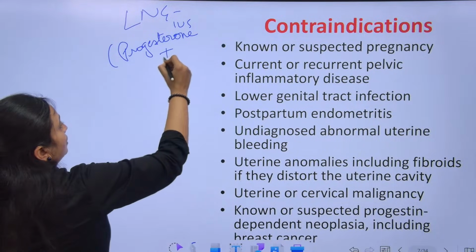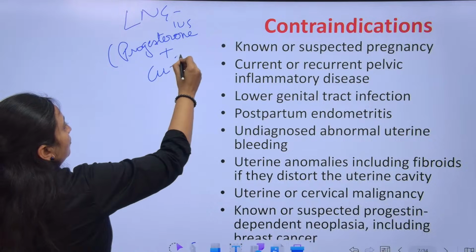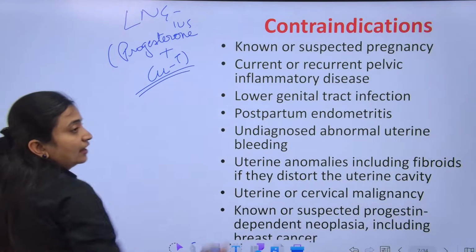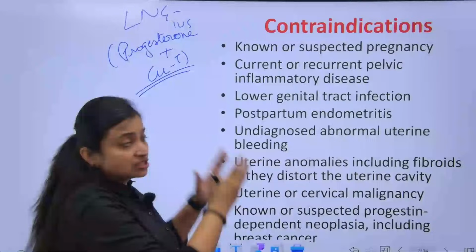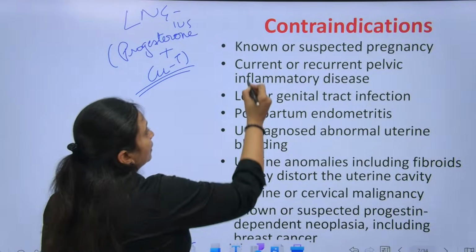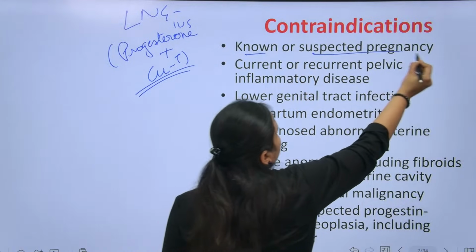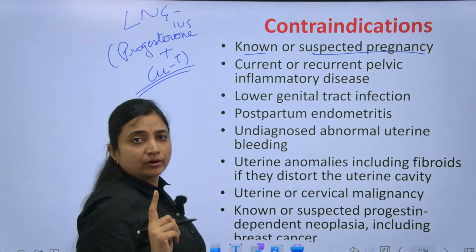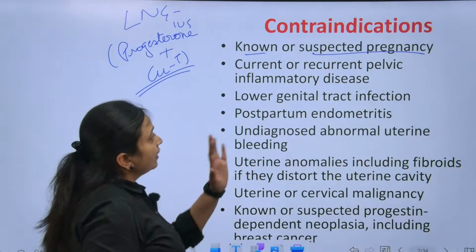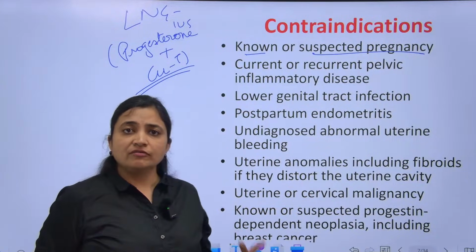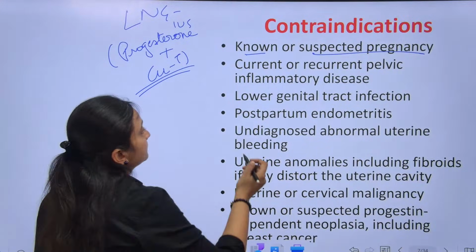Plus, all the contraindications of a copper T. So there's a long list of contraindications, but these are not absolute. Known or suspected pregnancy is an absolute contraindication for any intrauterine device or any hormonal thing. If there is a pregnancy in this patient, we cannot keep it inside.